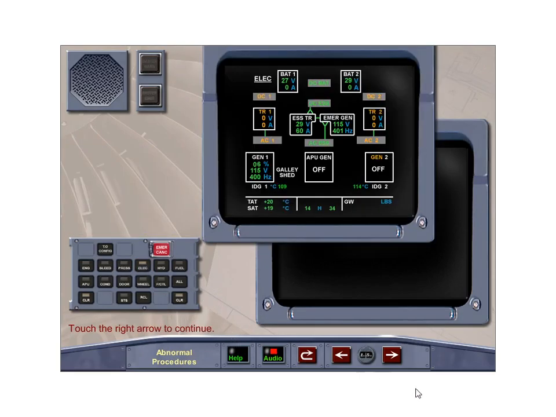The electrical page displays the DC essential and AC essential buses supplied by the emergency generator. Generator 1 is not connected to AC bus 1, but is running and powering 1 fuel pump in each wing tank. Before landing gear extension, the procedure calls for the generator 2 and emergency electrical generator 1 line push-button switches to be selected on in order to restore normal electrical power supply for landing.